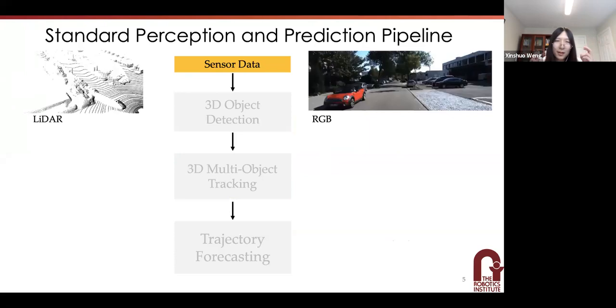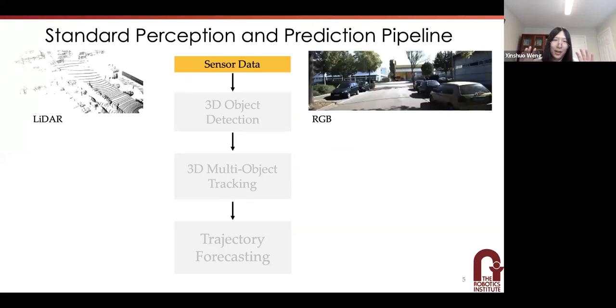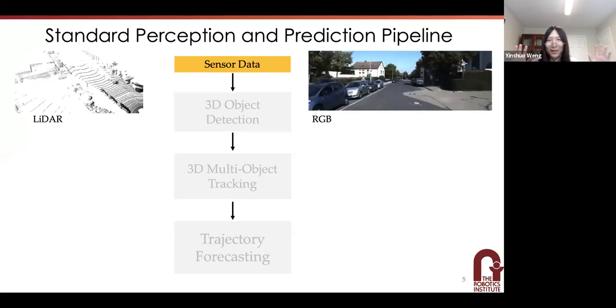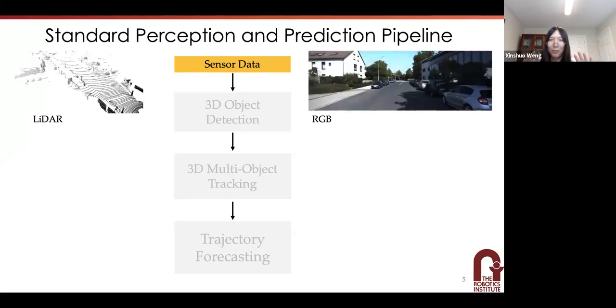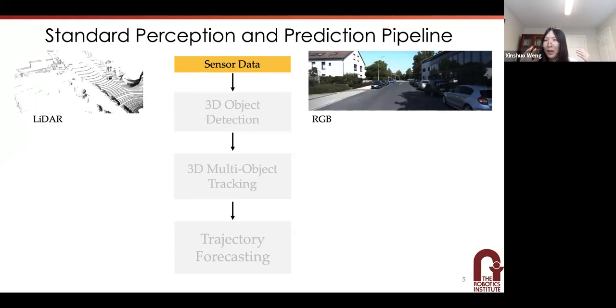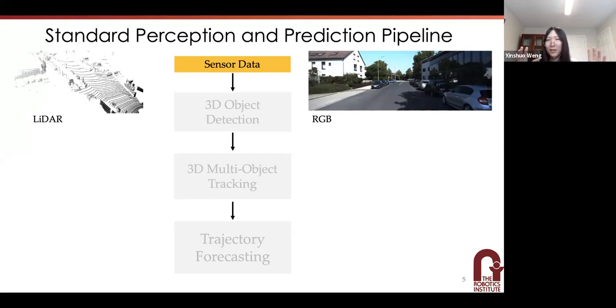A little bit more detail on the sensor data. A lot of people in industry and academia have worked on RGB for many years, right? This is the sensor we have worked with for the longest time. In recent years, LiDAR has become another major component because it has very accurate 3D localization information.